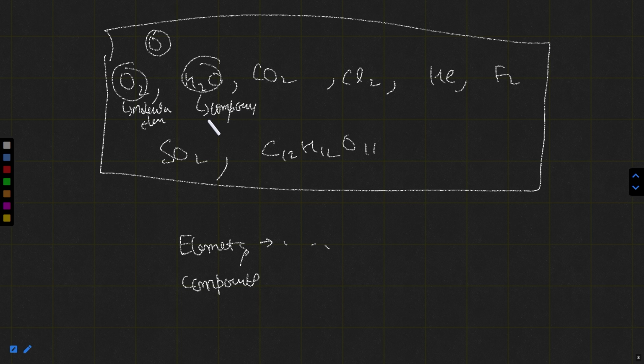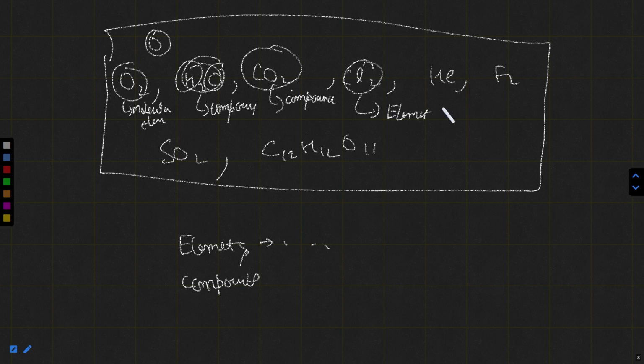Why? Because it is composed of both oxygen and hydrogen. Next, CO2 is composed of carbon and oxygen, therefore it is also a compound. Cl2 is only composed of chlorine, so it is an element. Helium is only composed of helium, so it is an element again.